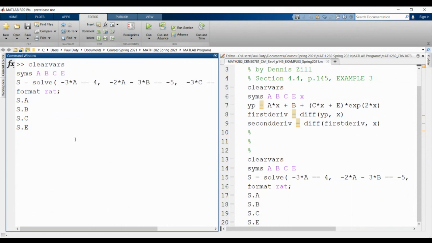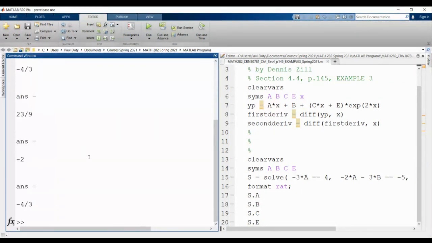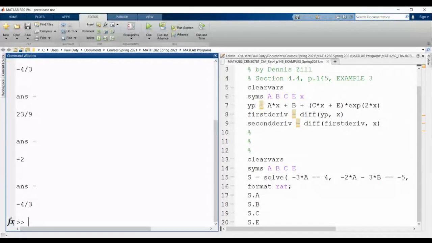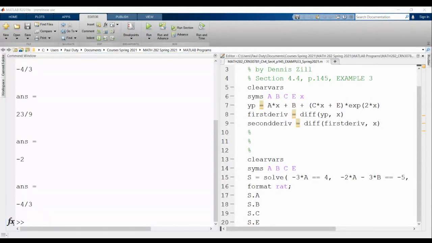It'll tell you if it wants you to round to the nearest decimal or something. Put it in, and there are your coefficients. Okay, are there any questions on that?